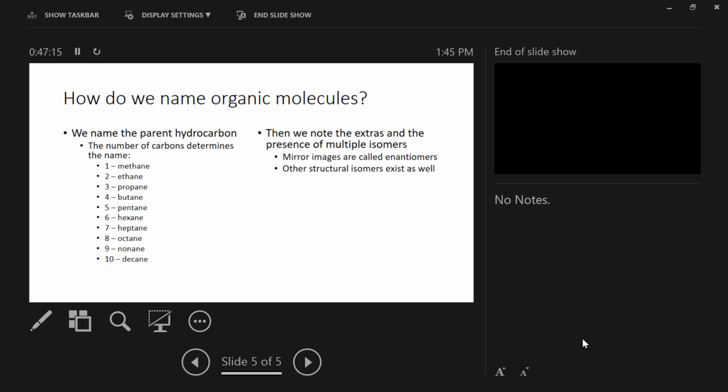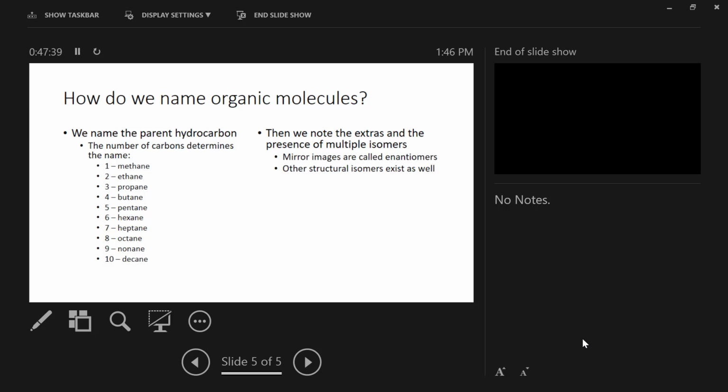Okay? So that's one structural isomer, and then one we've already drawn before. That would also be C3H6, right? Do you agree? So these are structural isomers of each other.